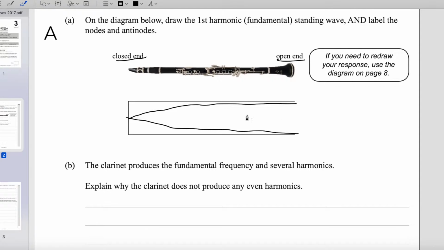It's supposed to be about a quarter wavelength. So if you can imagine, that's about a quarter of a wave, a full wave being something like that. And it says also label the nodes and antinodes. So we'll just go N for a node, which is minimum, and A for antinode, which is maximum.